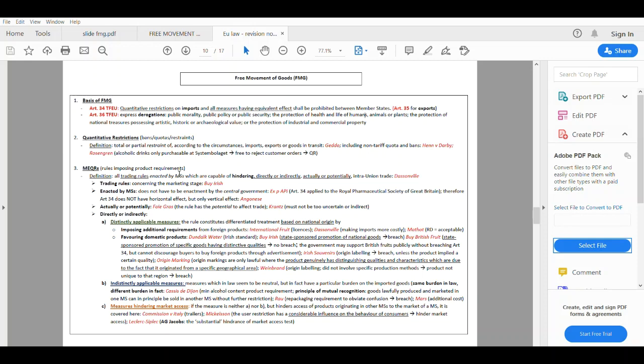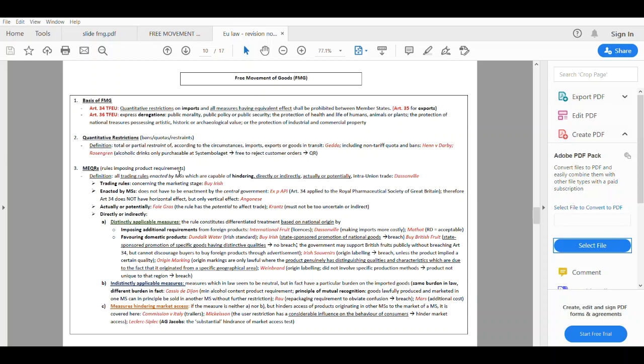And if the method or restriction is a less restrictive measure of achieving the same aim, then it can be said that it is proportionate. And if there are other methods capable of achieving the same objective which are less restrictive of intra-community trade, then this measure should not be used, according to the case of Rewe-Zentral.